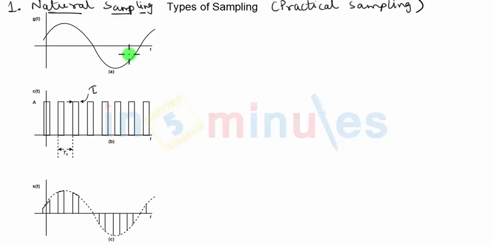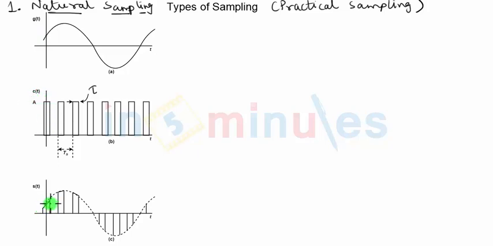Or in simple words, we will record the magnitude of the modulating signal whenever the rectangular pulse in the sampling signal occurs. You can see when the first rectangular pulse occurs, the magnitude of the modulating signal is recorded by adjusting the height or the magnitude of the rectangular pulse.